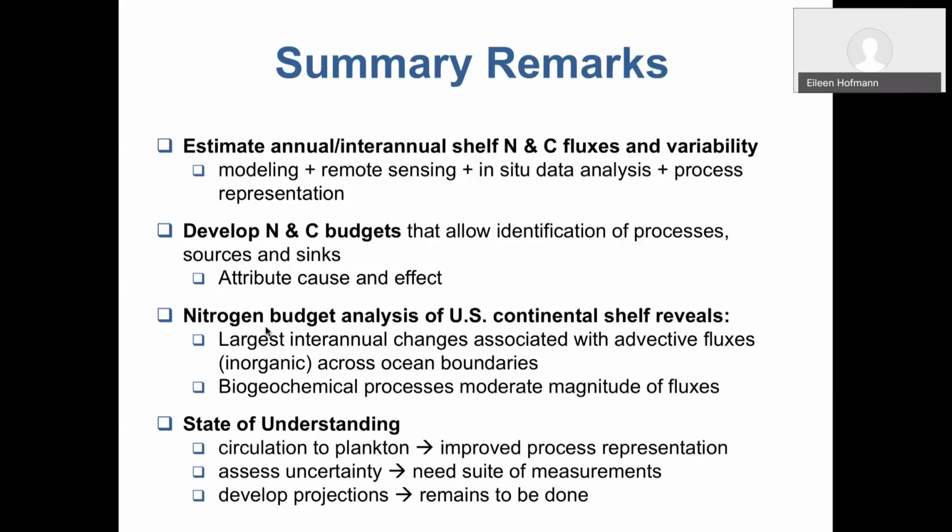We know how to assess the uncertainty of our models, but to do this, we need a suite of measurements. Right now, we're mostly using satellite information, but the in situ data to allow us to do the skill assessment for these models is not there, at least not at the level that we need it.